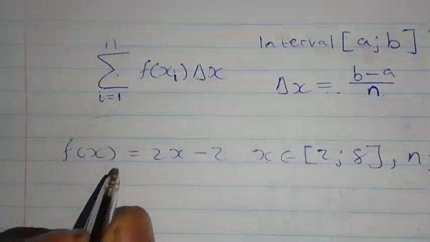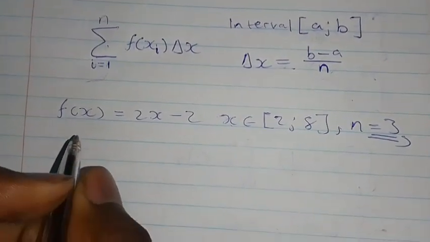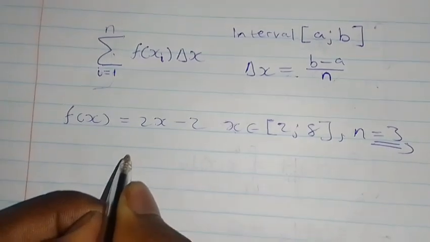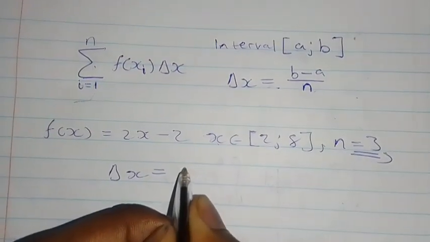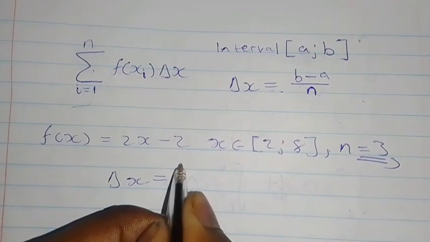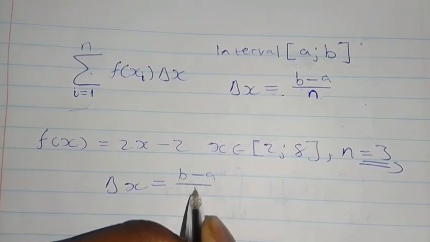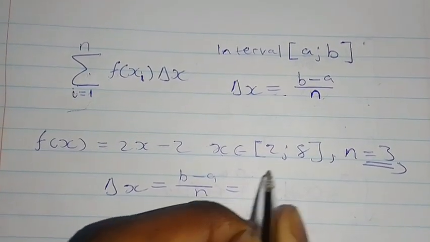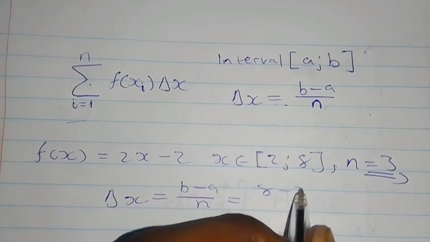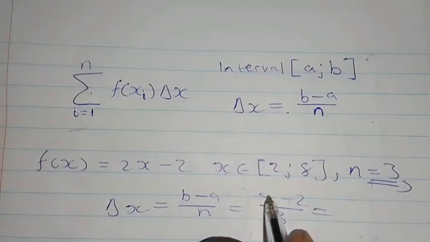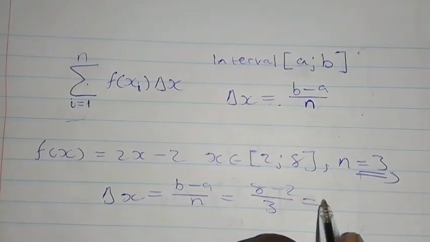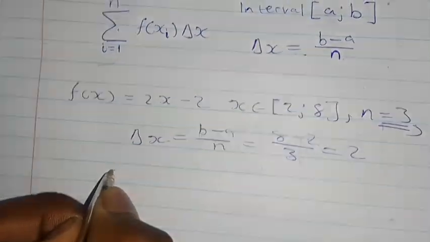The first thing you have to do is get delta x, using b minus a over n. Then I have 8 minus 2 divided by 3, since it's 3 subintervals. 8 minus 2 is 6, and 6 divided by 3 is 2, so I'll have a delta x of 2.